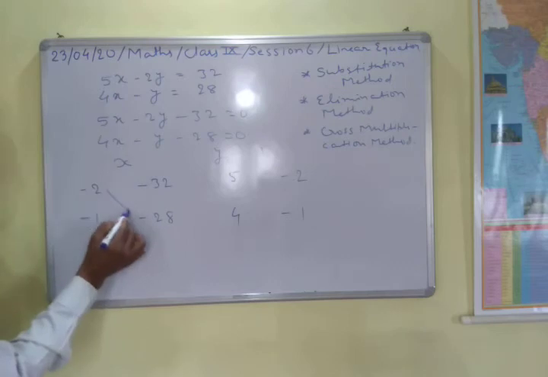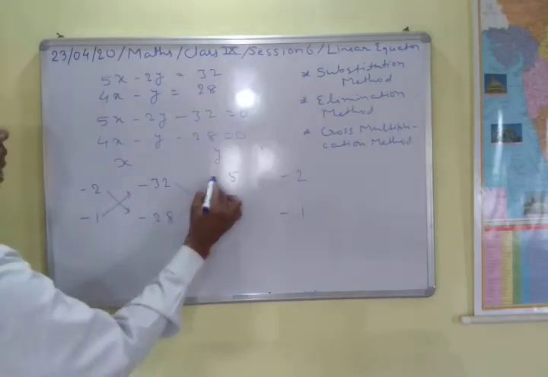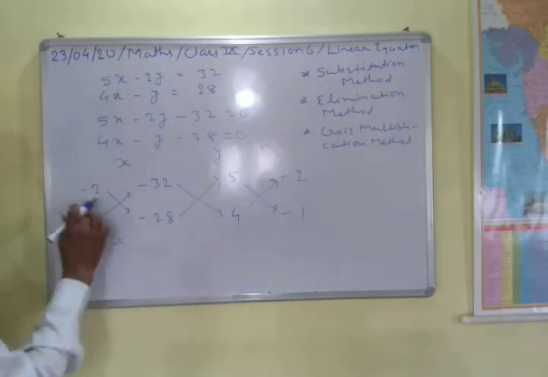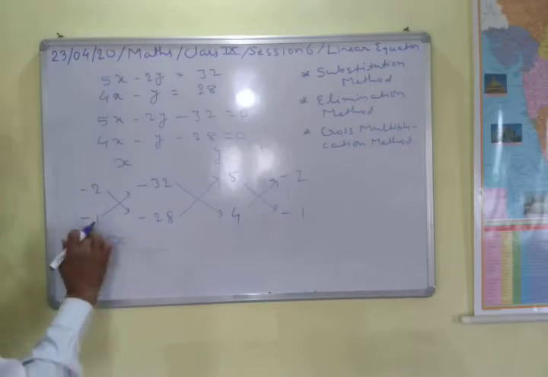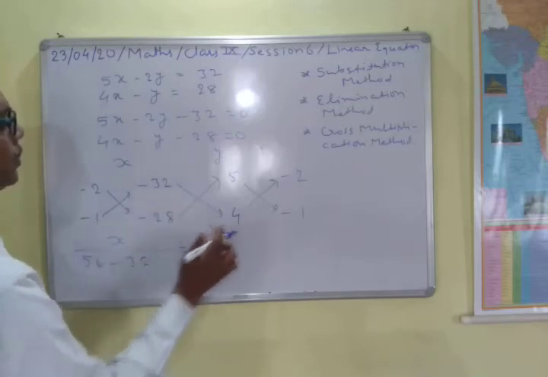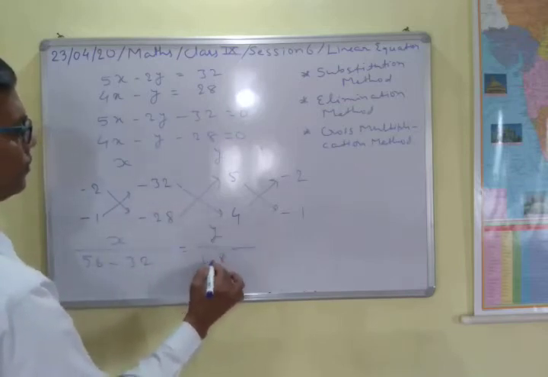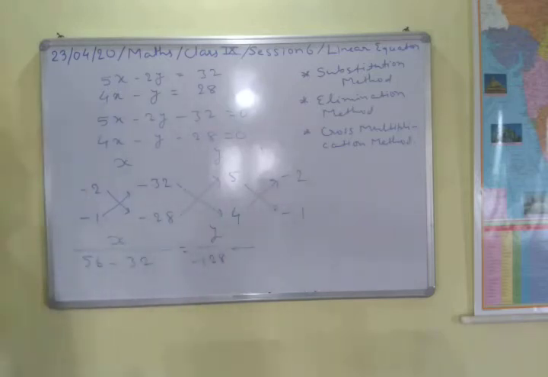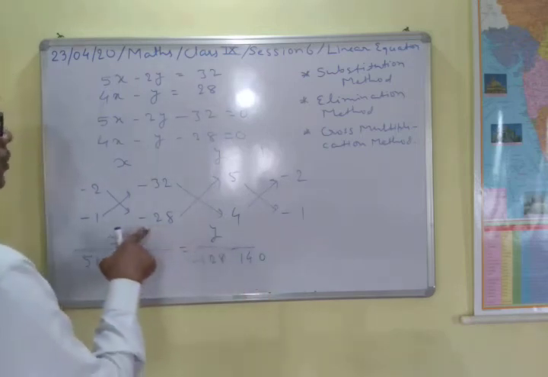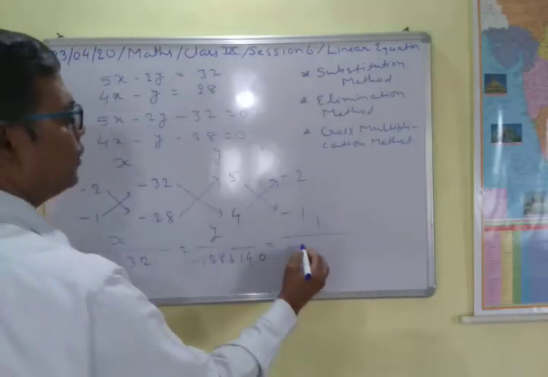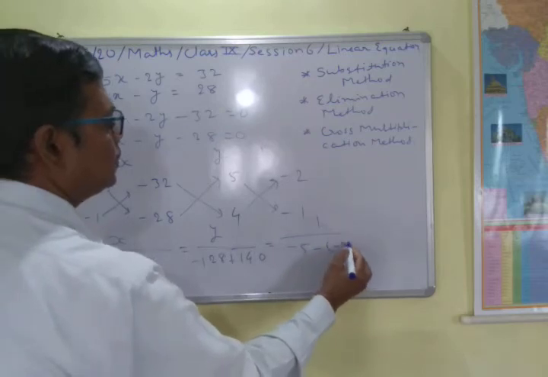Now we will multiply these two, and then these. So x by this into this, it will be 56, minus this into this, it will be 32, and equal to y by this into this, minus 128, and this into this, minus 28 into 5, 140, and this will be minus, so it will be plus, and this is equal to 1 by minus 5 and minus 8.